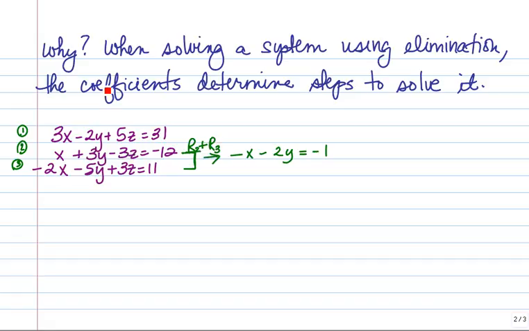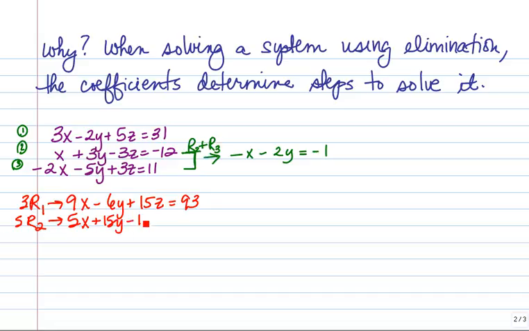If we do 3 times row 1, I get 9x minus 6y plus 15z is equal to 3 times 31, which is 93. Then if we multiply the second equation by 5, we get 5x plus 15y minus 15z is equal to -60.